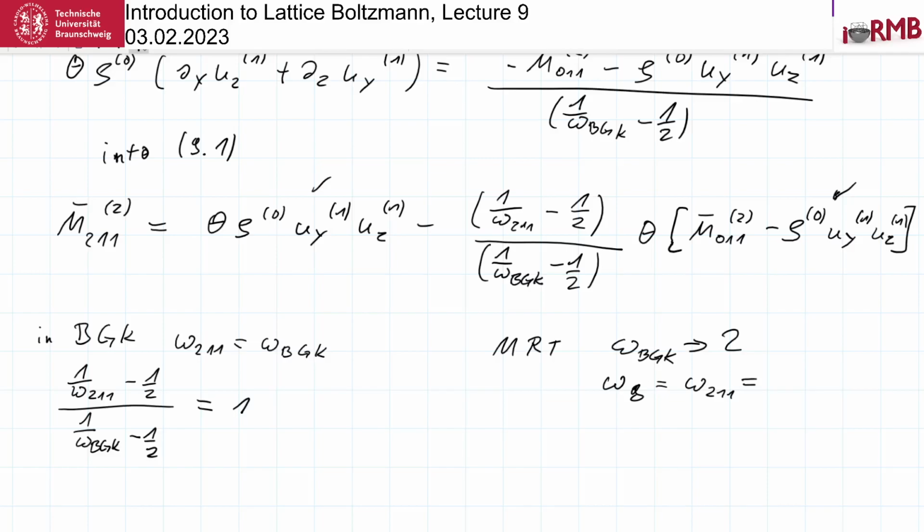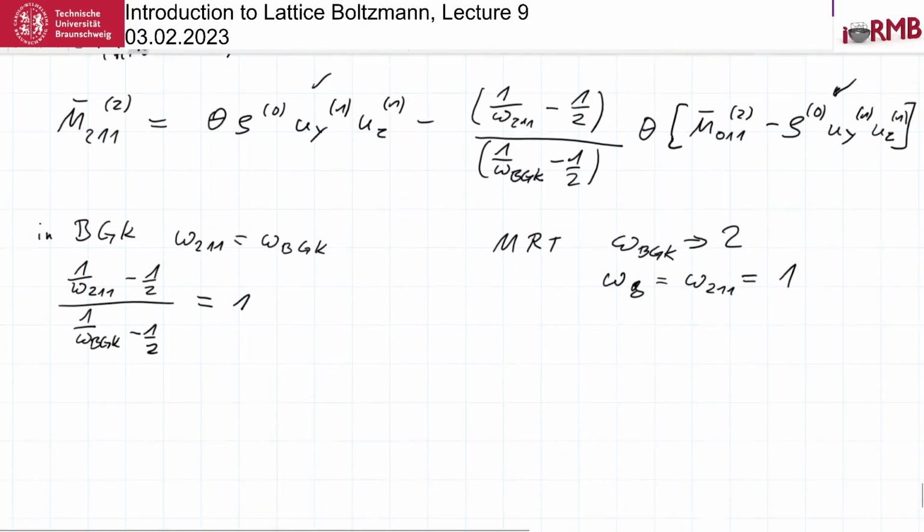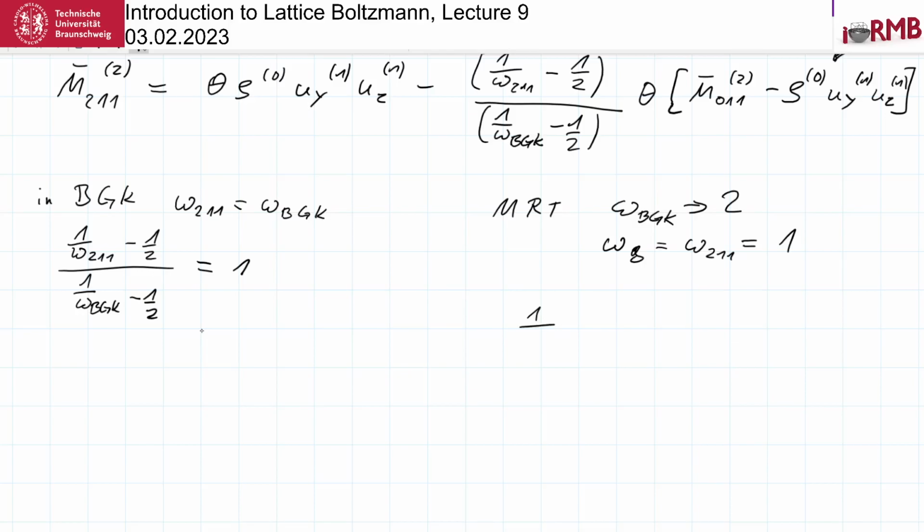So these we now set to 1, because we want them to decay. So what is happening is that (1/omega 211 minus 1/2) divided by (1/omega BGK minus 1/2) goes to infinity.